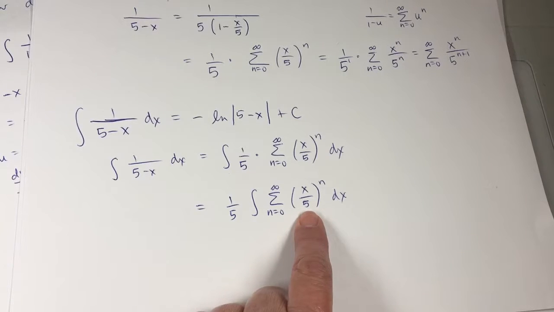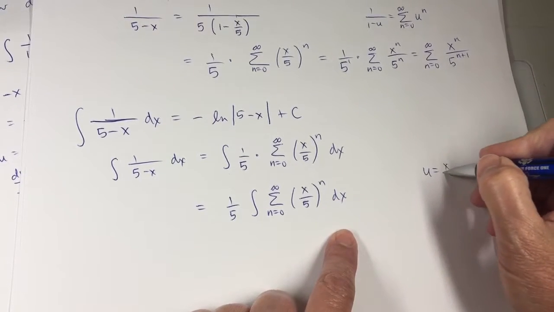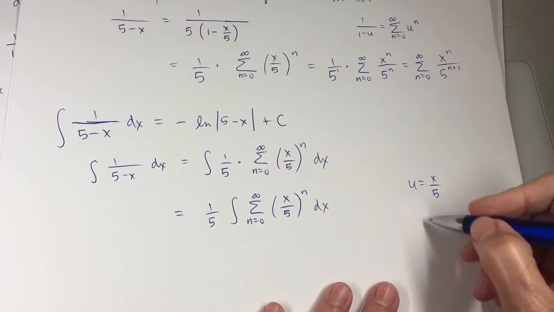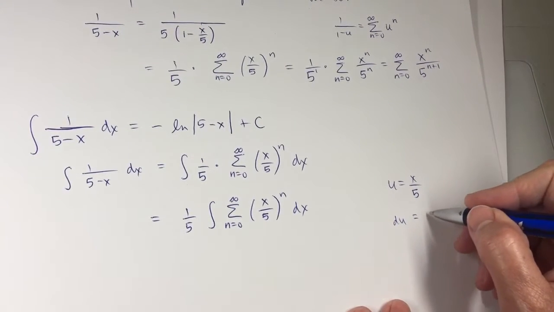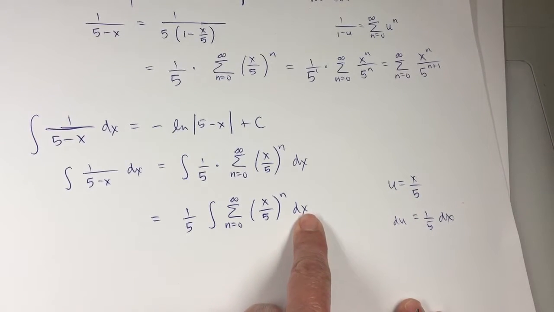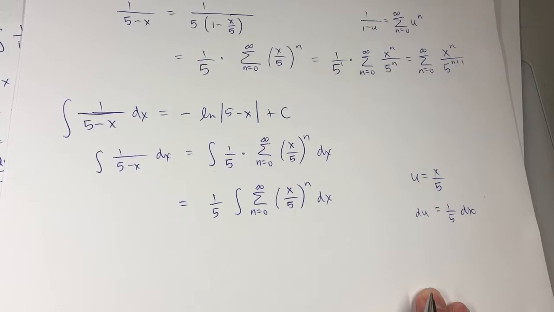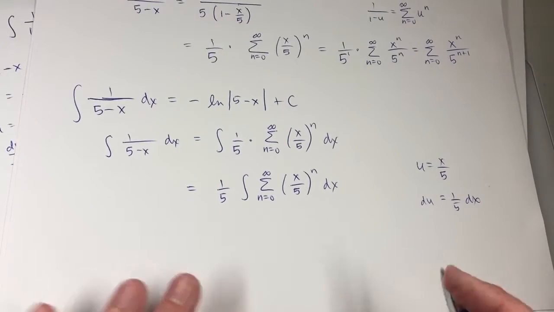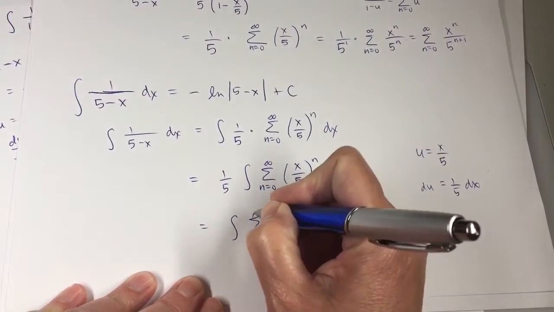Oh, it's a u substitution, I suppose. u is x over 5. And so if u is x over 5, what is du? du is 1/5 dx. Maybe I need this 1/5 next to dx after all. It would make the u substitution a lot easier. So I'm going to put that back in because it's actually a part of the du.